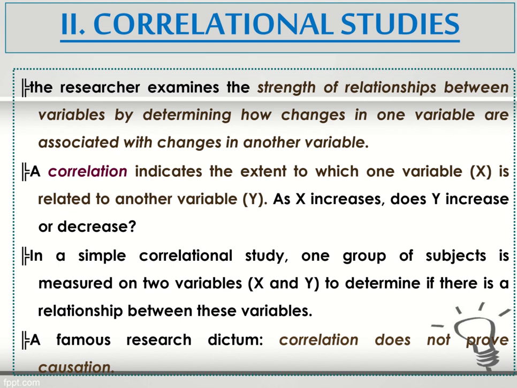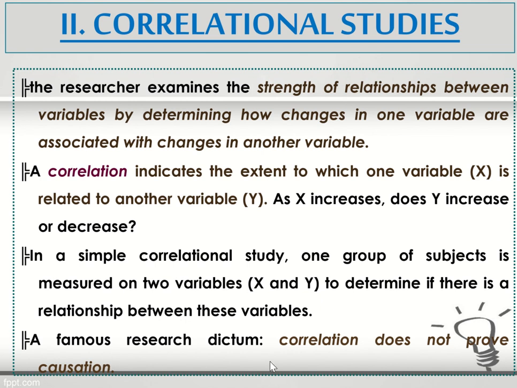In a simple correlational study, one group of subjects is measured on two variables, that is x and y, to determine if there is a relationship between these variables. Other correlational studies may examine the relationship among more than two variables.